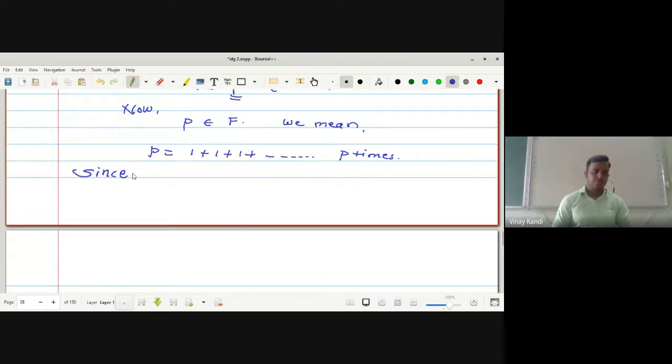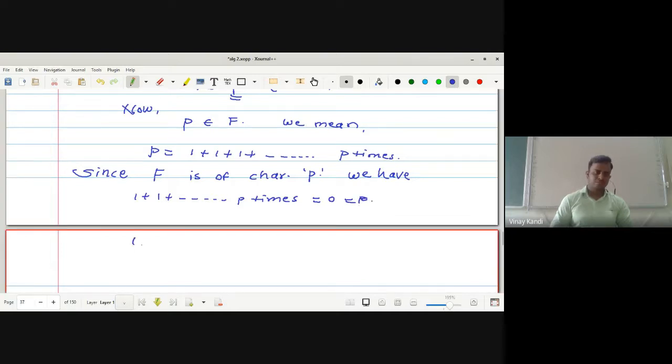Since F is of characteristic p, we have p times 1 equal to 0, which is equal to p.